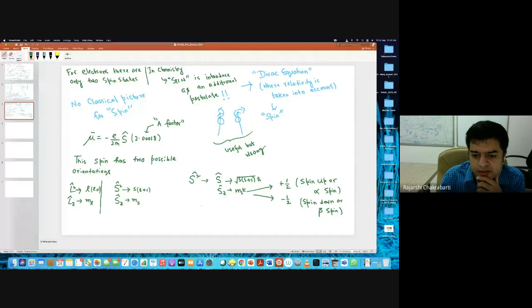Now why are the values plus minus half? Can anyone tell me? And what will be the value of s? s is half, because you know that 2 into s plus 1 gives you the number of orientations, no?